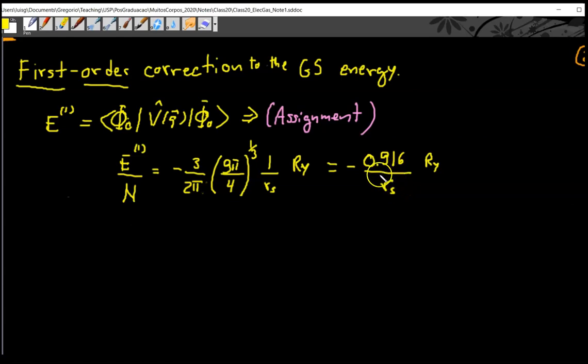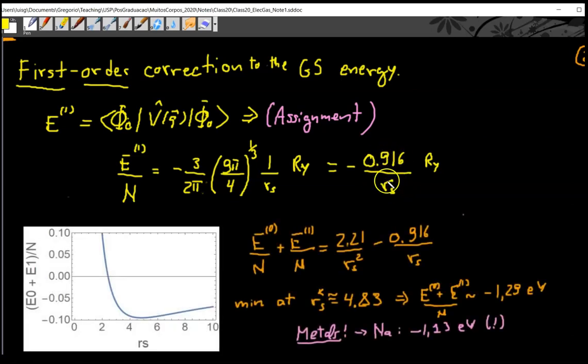And if I now sum up these two contributions, the kinetic one and this first order correction, per particle, I get something like that: 2.21 over Rs squared minus 0.916 over Rs. So as I expected, for small Rs, the kinetic energy will dominate.